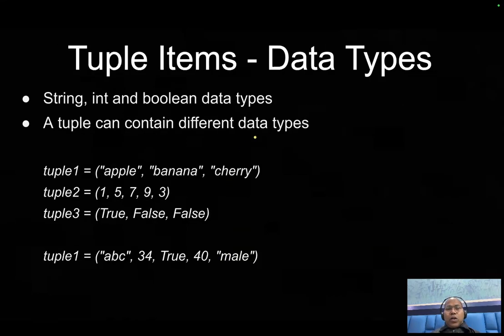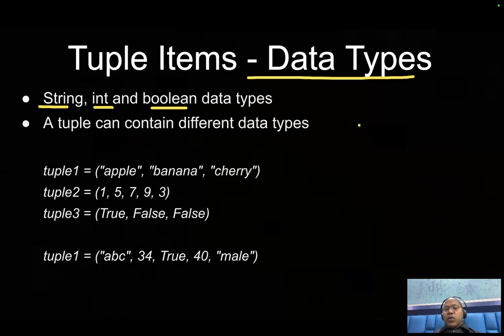Okay. So let's see what data types they support. By default you can put a string, int, boolean, any data type. Whatever primitive data types we studied: integer, floating point, complex number, everything. The item element can be any data type.